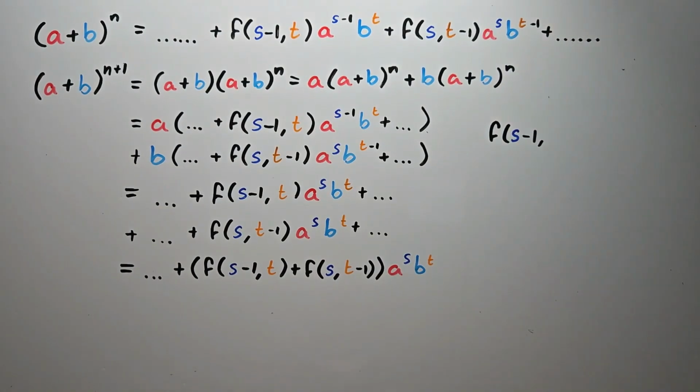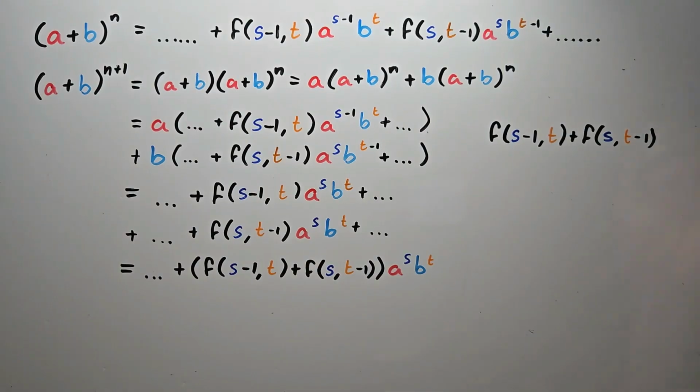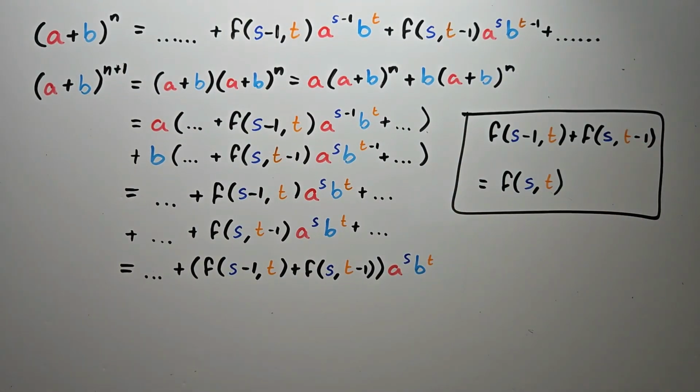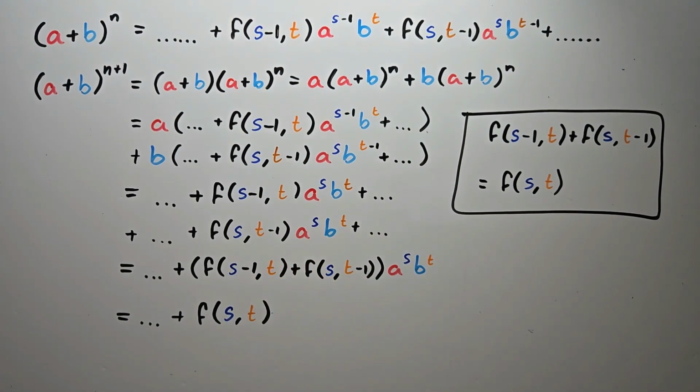Now, one of the identities of the f function is that f(s−1, t) plus f(s, t−1) equals f(s, t). Using this identity, we see that the coefficient of our a^s b^t term is f(s, t), showing that if the coefficients of two adjacent terms in the expansion of (a+b)^n line up with Pascal's triangle, then so does the corresponding term in the expansion of (a+b)^(n+1).